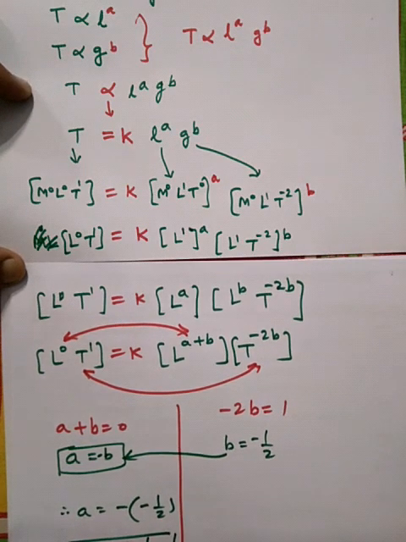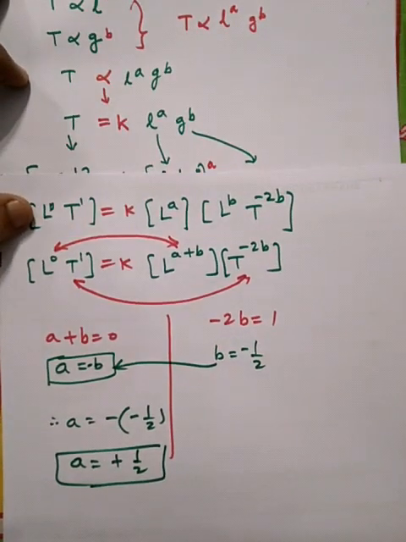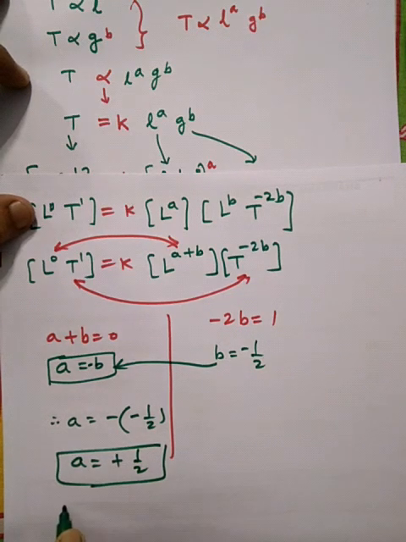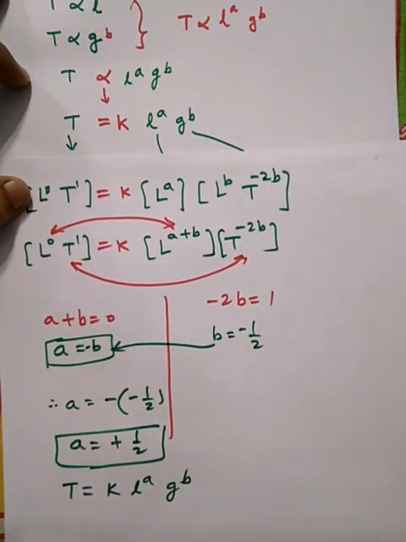This is the value of small a, 1 by 2, and we will put this value in the equation. Our starting equation was T is equal to k into L raised to power a, g raised to power b.